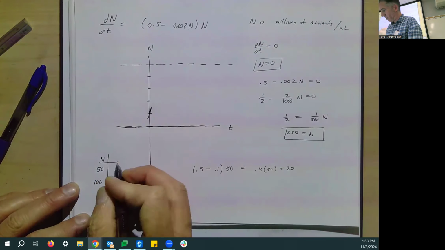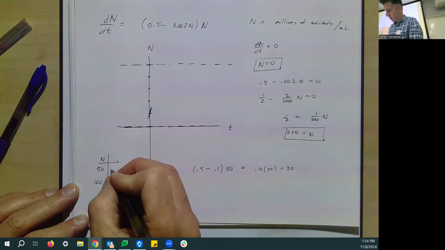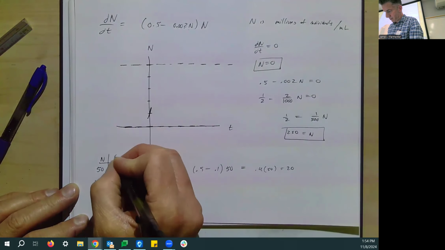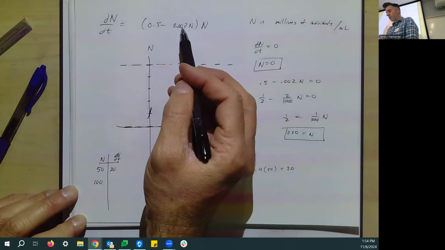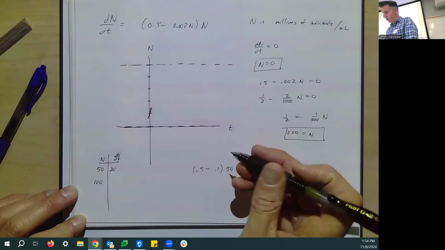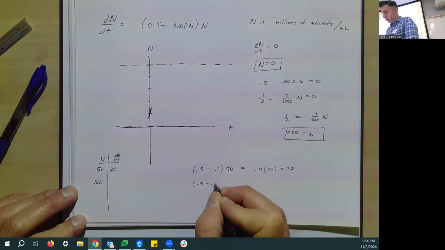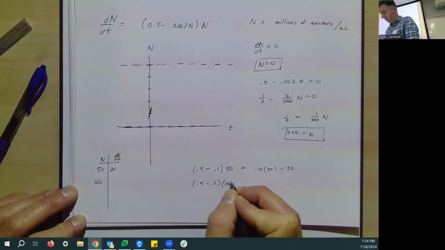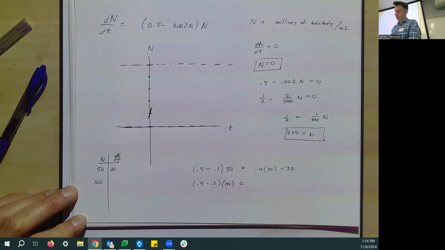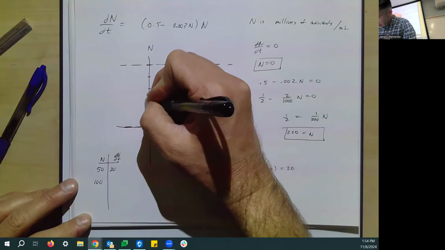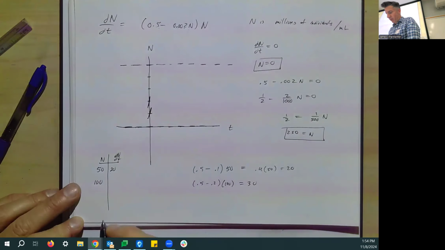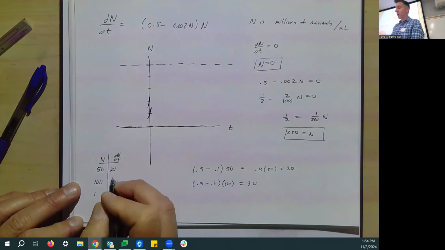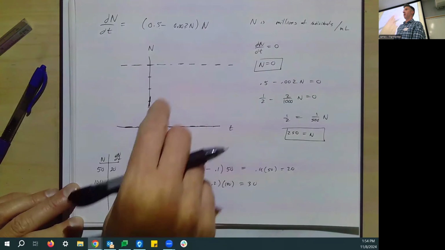So if n equals 50, I get a slope of 20. If n is 100, I have 0.5 minus 0.2 times 100, which is going to be 30, even steeper. Hopefully it's going to change direction here in a second, because I eventually have to flatten back out to 0.